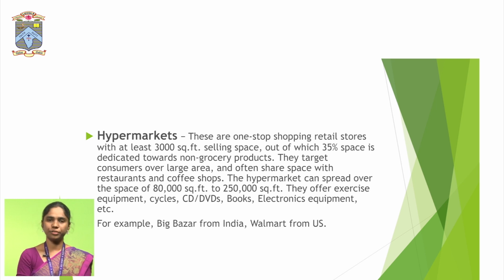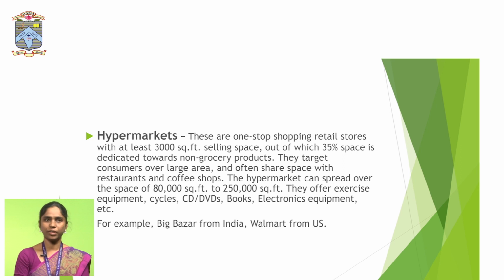Here we can find different kinds of products, and hypermarkets and departmental stores are interconnected to each other. The best examples for these types of stores are D-Mart, Big Bazaar and Metro, which come under departmental stores as well as supermarket stores.